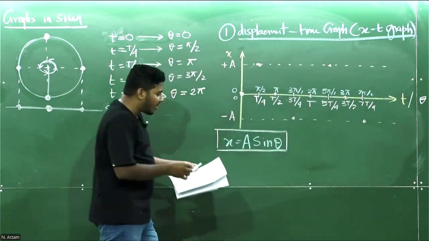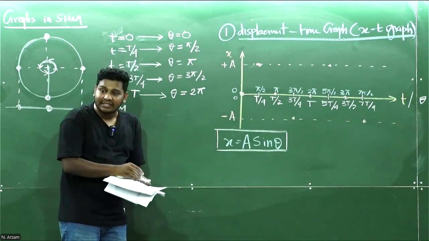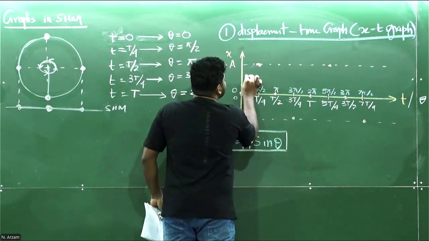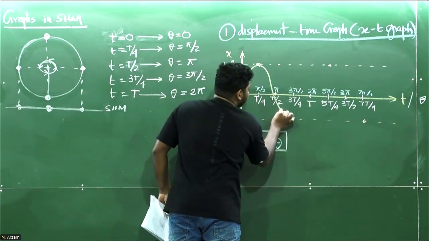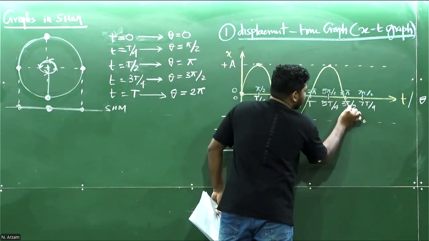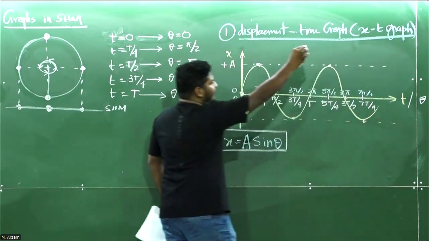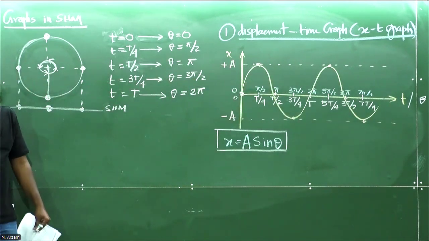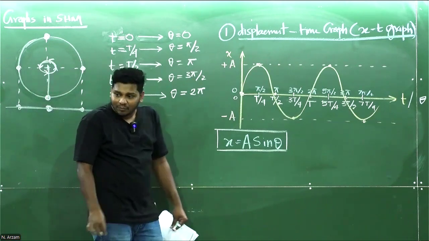So how can we draw the curve now? The sine curve looks like this. So this is the displacement time graph for the simple harmonic motion.